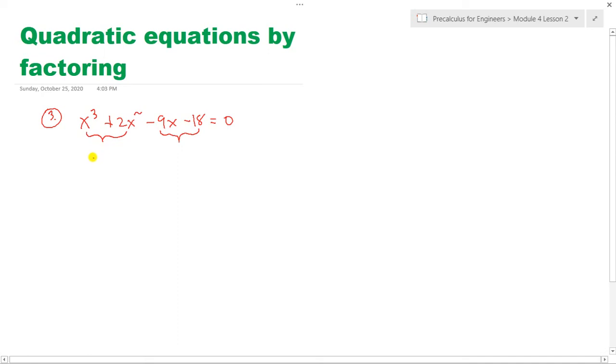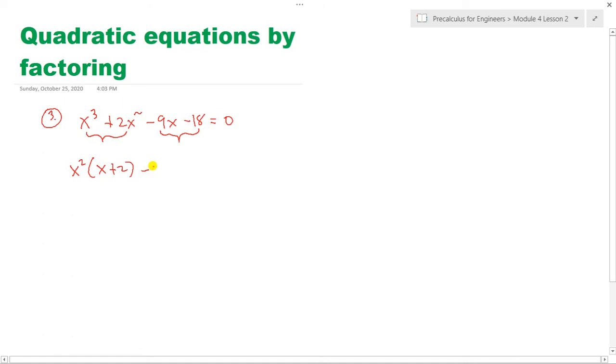For the first two terms, we notice that there's a common factor, which is x squared. So we can factor out x squared. What's left is x plus 2. How about for the second group? Since 9 and 18 have a common factor of 9, we can factor out 9.